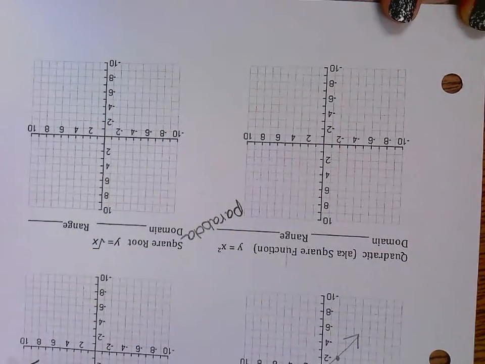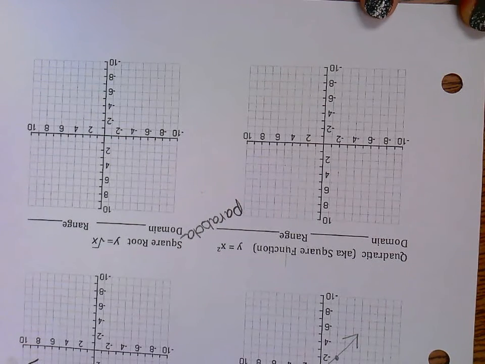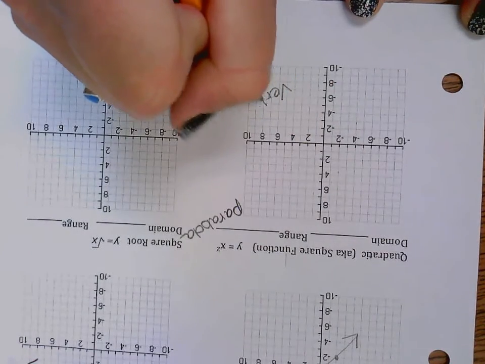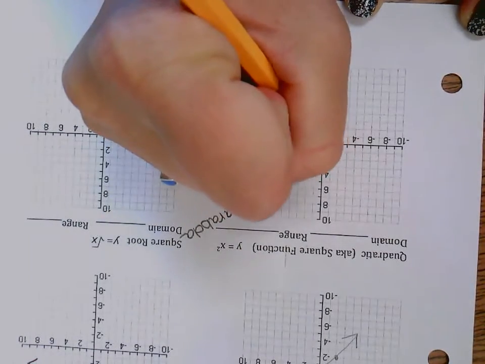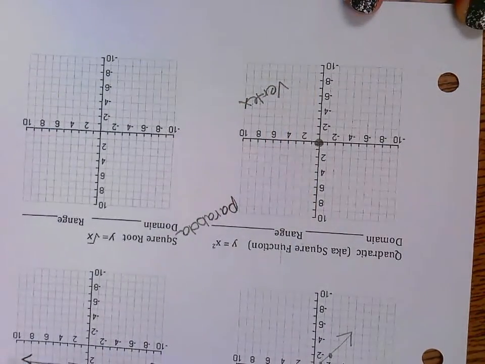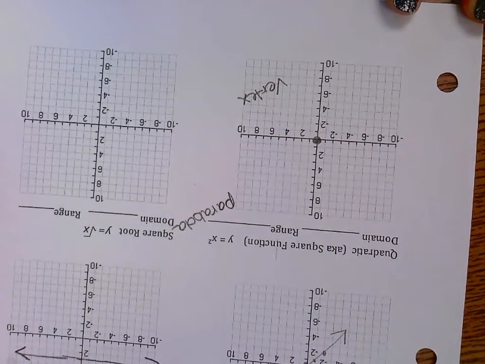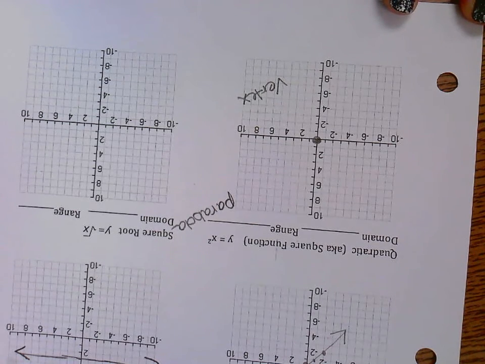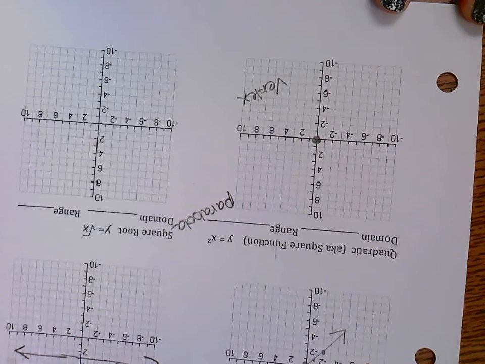So it's a parabola. And do you remember the key points? So the key points, where's the vertex? Vertex is another good word for parabola, but 0, 0, right? What happens when you square 1? 1 squared is 1. What about 2 squared? 2 times 2? 4. What about 3 squared? 3 times 3? 9.